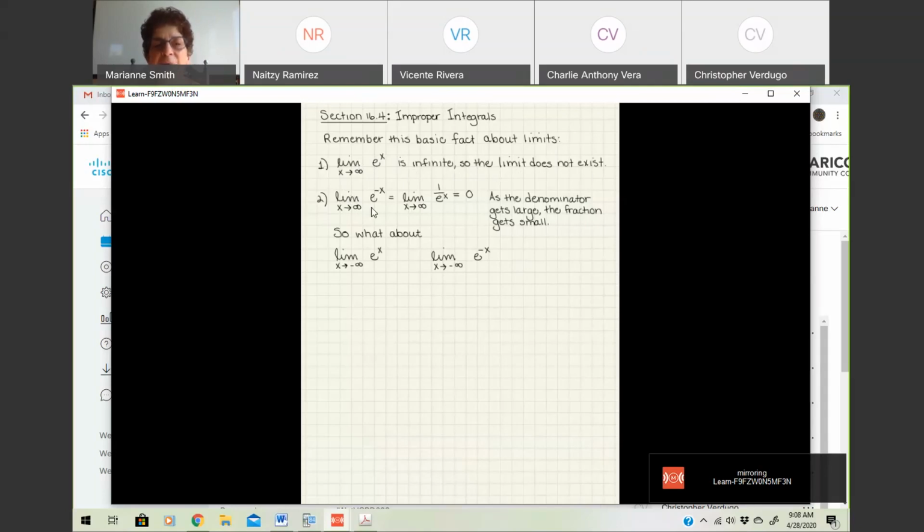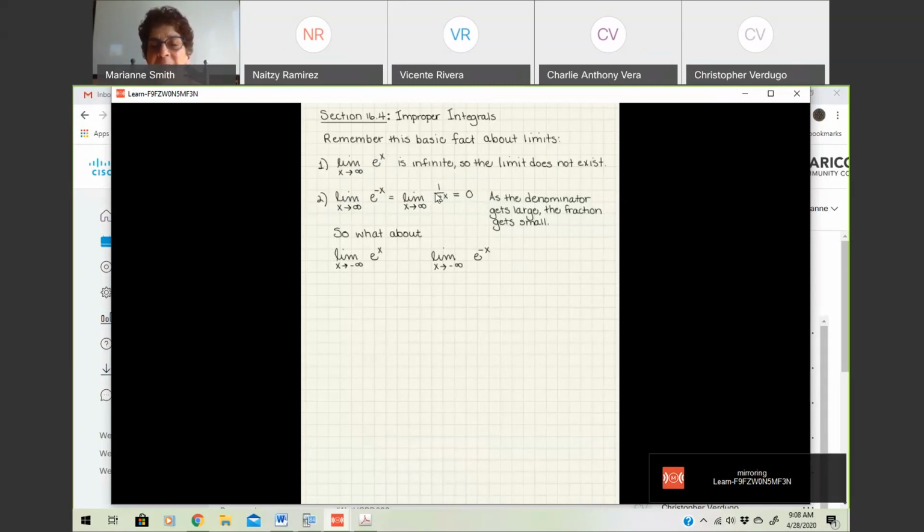But take a look at this one: the limit as x approaches infinity of e to the minus x. Here's where you have to remember how exponents work. e to the minus x means 1 over e to the x. And this limit does exist, and it's 0. Why is that?